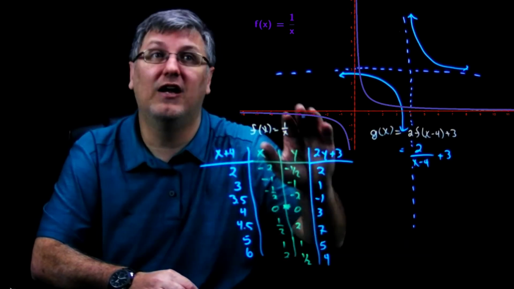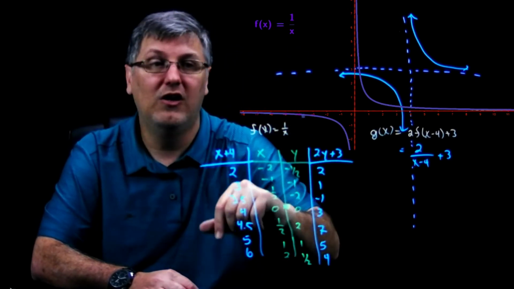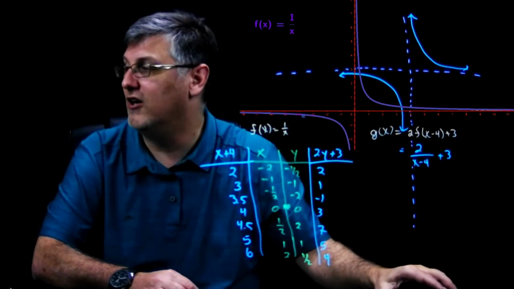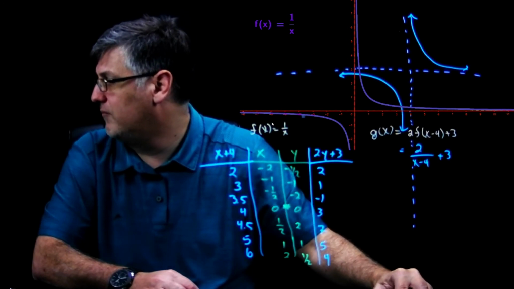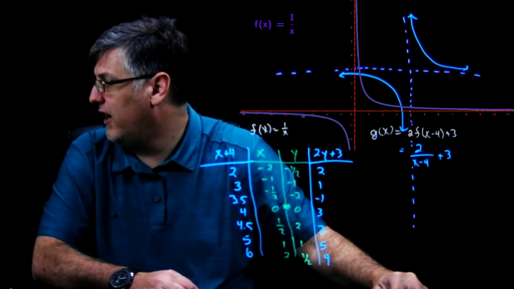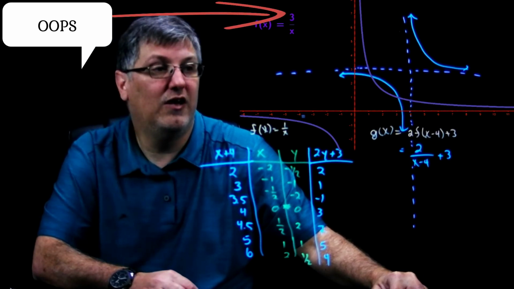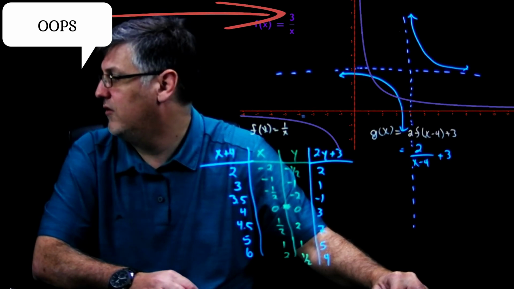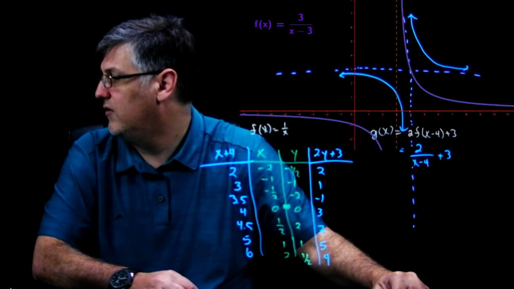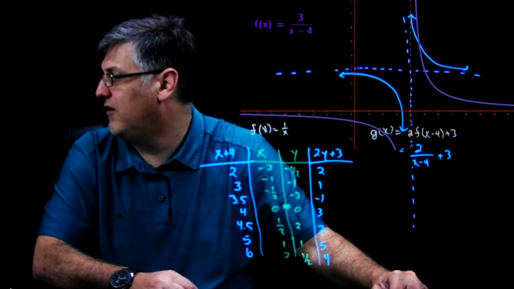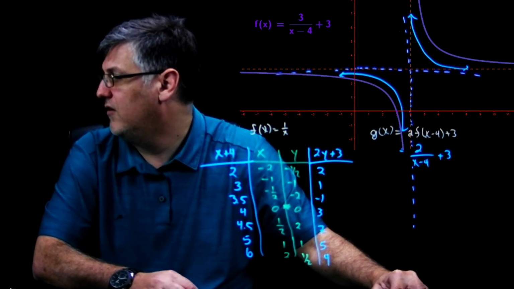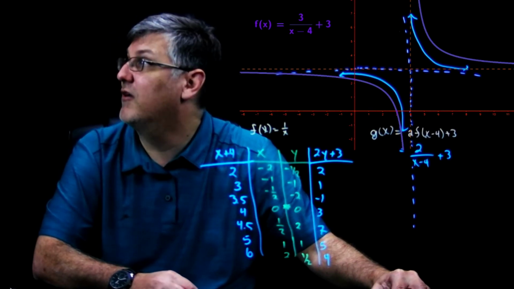So let's see how accurate I am. Let's go ahead and change this equation right here to this equation to see how close I am. All right, so my A is 2. My C is going to be 4, and then my D is 3. And how accurate am I?